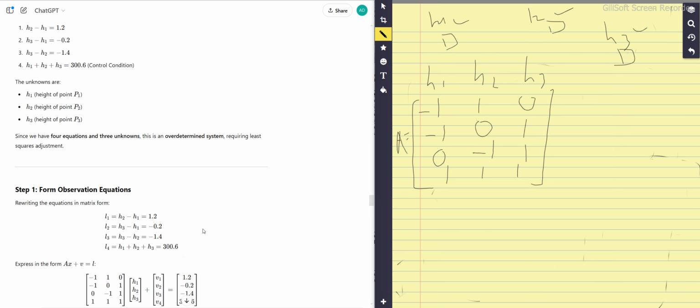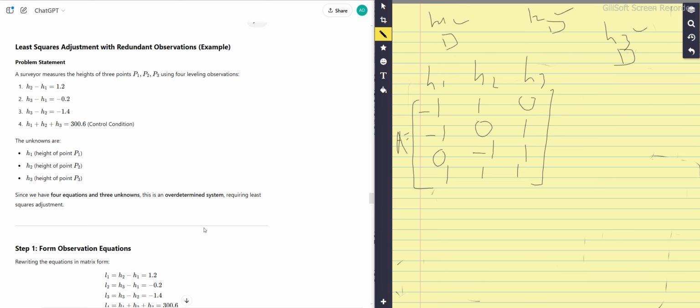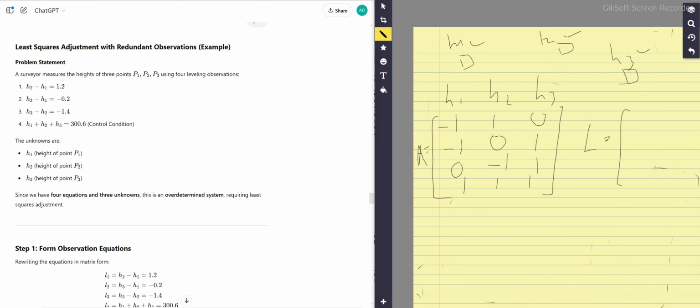So if this is the A matrix for the equation, don't forget we need to generate all. So our L matrix now, which is the result, will be 1.2, minus 0.2, minus 1.4, and 300.6.